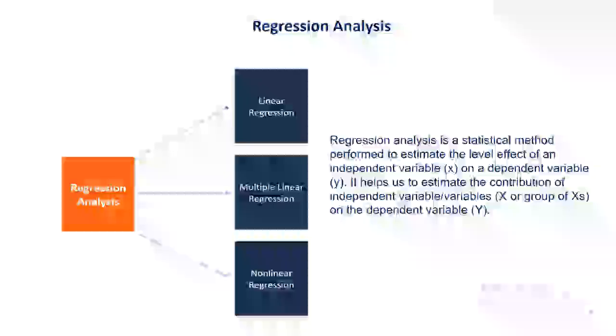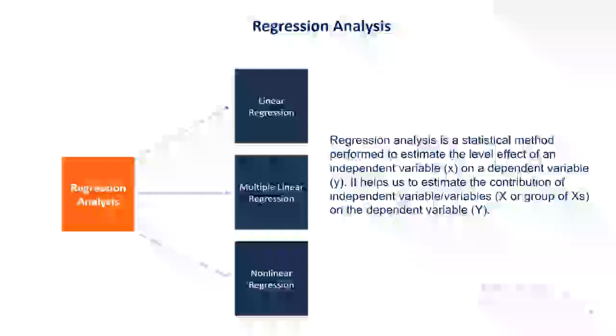Once you build this kind of relationship, you call it a regression. If one variable is independent and the other is dependent, we call it simple linear regression, because if x increases by some units, y will also move in that linear way.